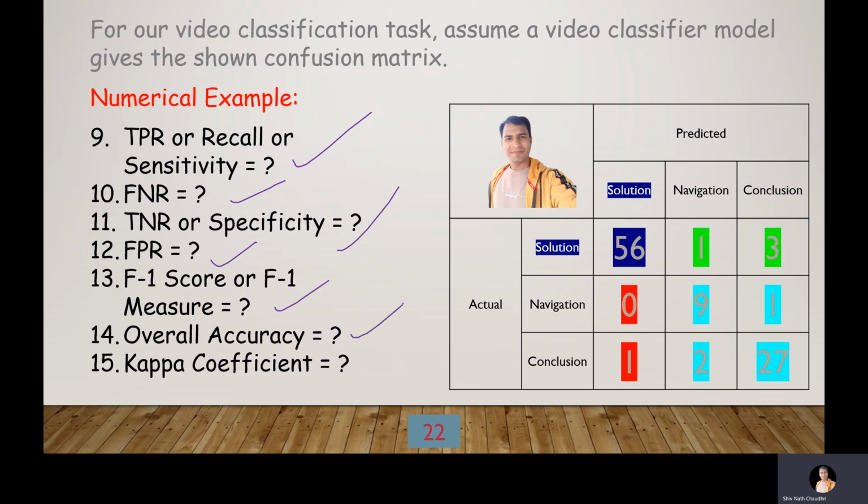Overall accuracy is calculated as the sum of principal diagonal elements divided by the total of all the samples in the classification task, or the sum of all the elements in the confusion matrix. And kappa coefficient can also be calculated according to the formula.